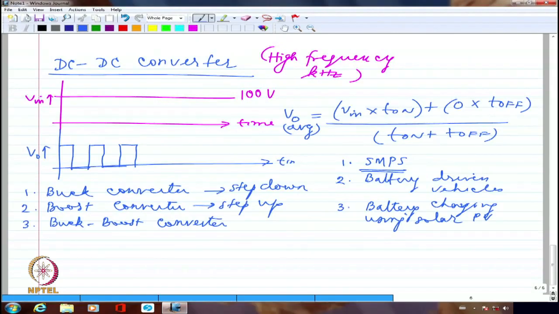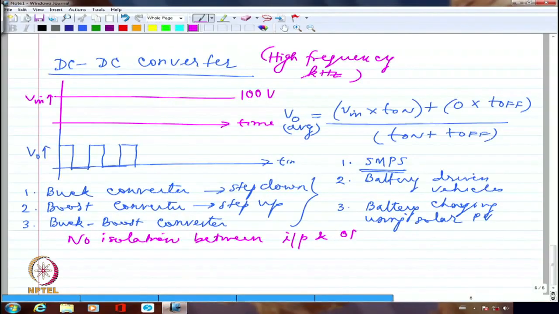And all these three converters that we will be looking at are not going to have any isolation between input and output. So these are basic DC to DC converters without any isolation between input and output. Isolation normally is always obtained with the help of a transformer.